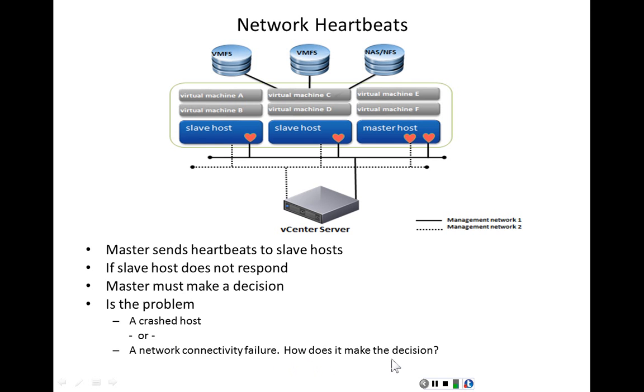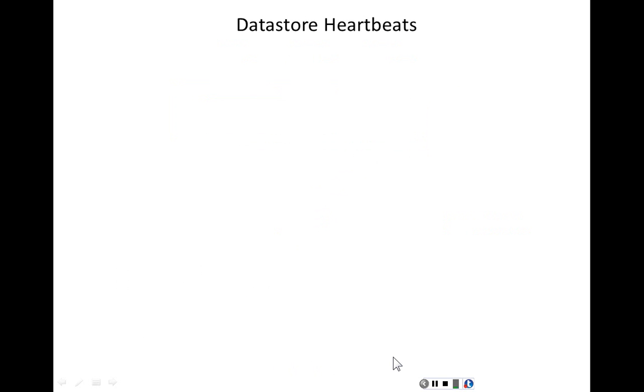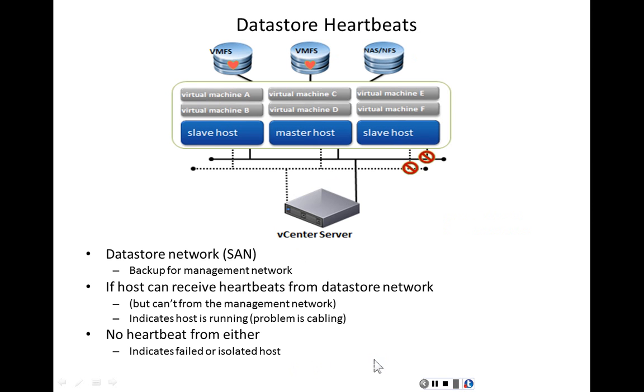To make that decision, it uses data store heartbeats. The data store network, which as you know is the storage area network, can act as a backup for the management network. So if the master host can receive heartbeats from the data store network, but it can't receive heartbeats over the management network, that indicates that the host is still running, but that there is a cabling problem.